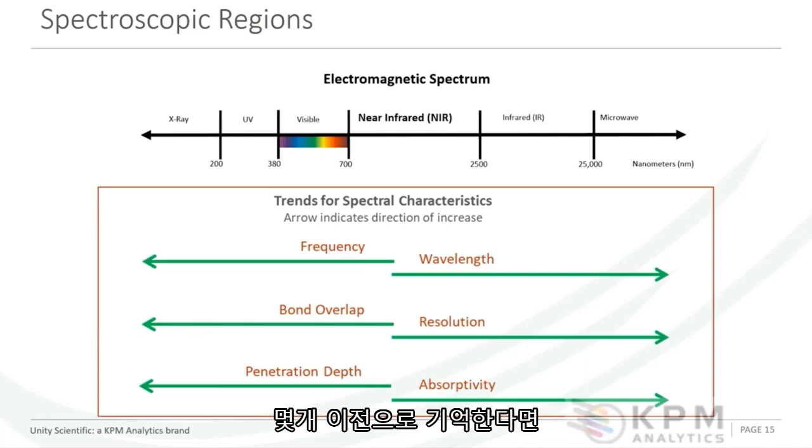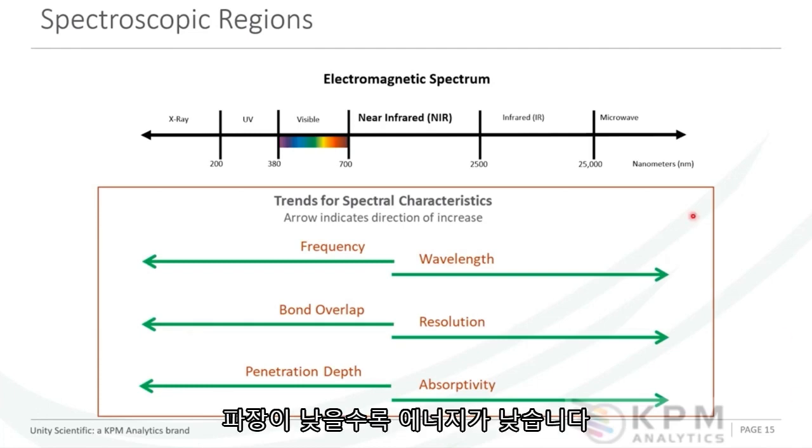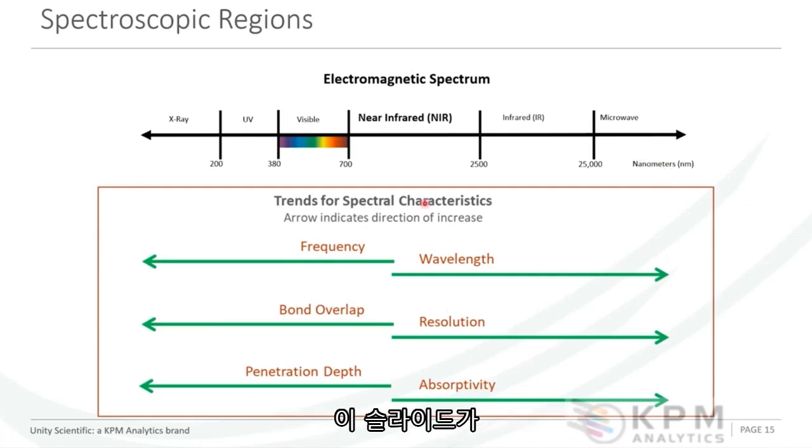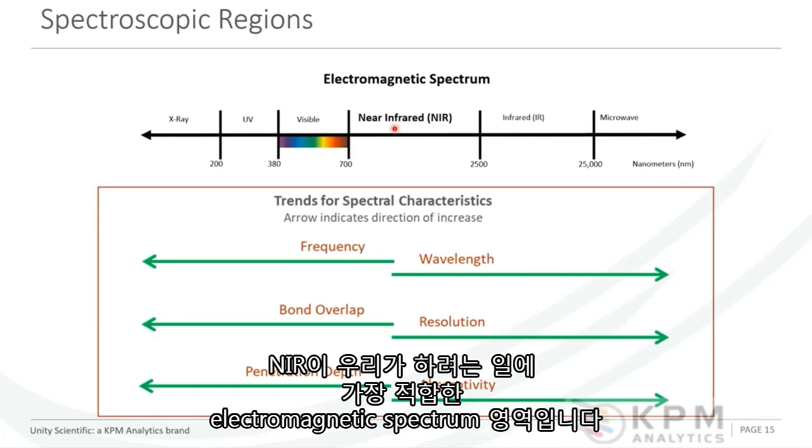So how are these related? If you remember, in a couple of slides back, we said that the larger the wavelength, the lower the energy, okay? So I like this slide because it relates the different properties of this area of the electromagnetic spectrum. And this also kind of infers or describes why near infrared is kind of the best of all worlds.